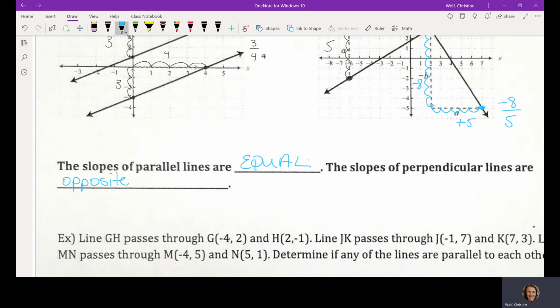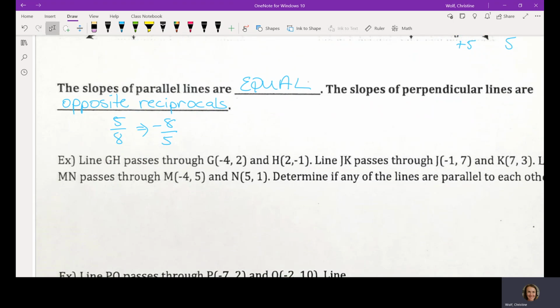Opposite symbols, opposite reciprocals is what we call a flipped fraction. So if I ever say reciprocal, all that means is it's the fraction reversed. The top becomes the bottom, bottom becomes the top. Okay, so opposite reciprocals. So 5 over 8 became 8 over 5 with the opposite symbol.